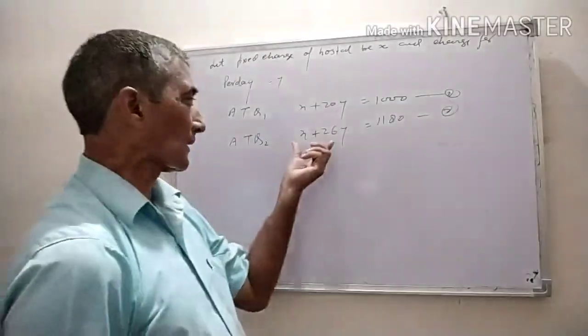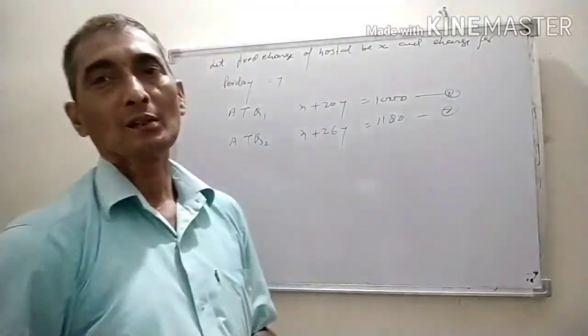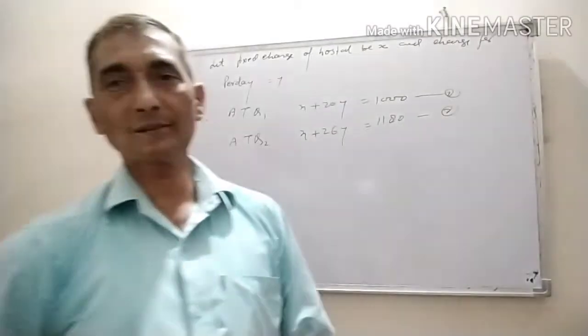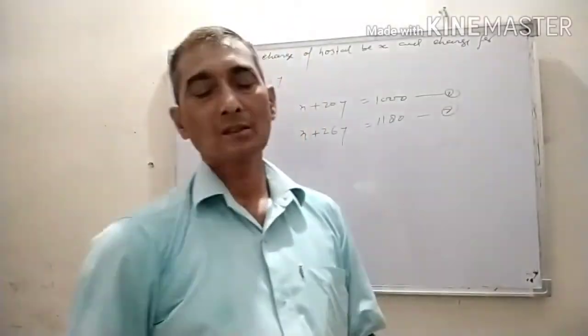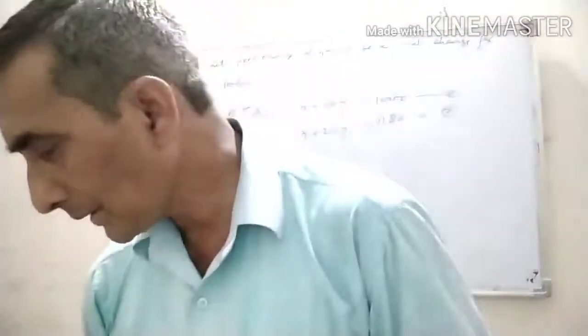Similarly, according to the second condition, you will make your equation x plus 26y equal to 1180.